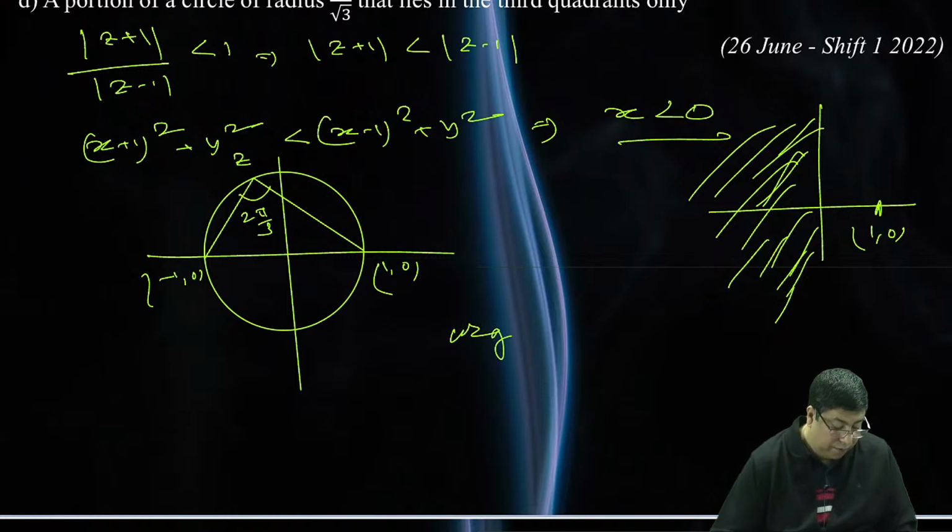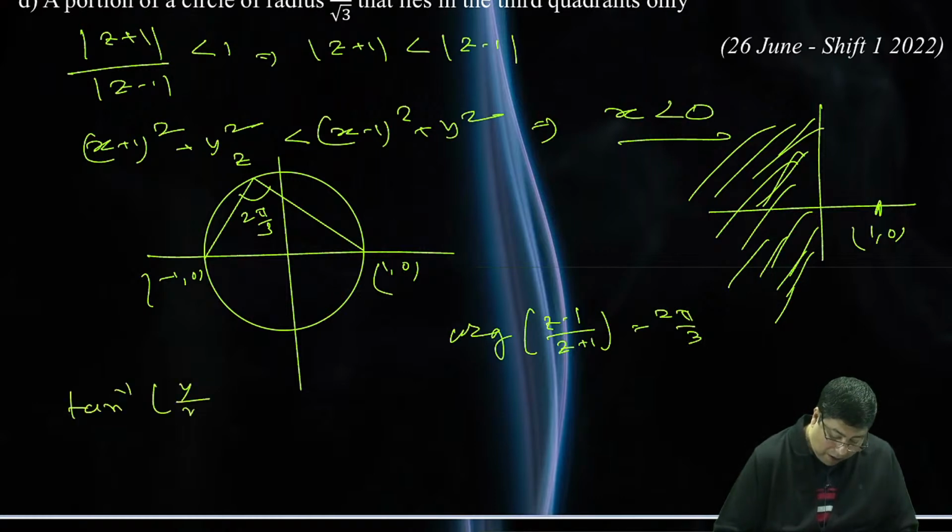Therefore, we can write argument of z minus 1 by z plus 1 equal to 2 pi by 3. So tan inverse of y by x minus 1 minus tan inverse of y by x plus 1 equals 2 pi by 3.